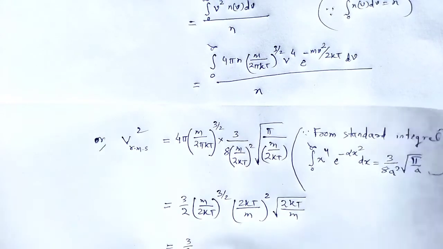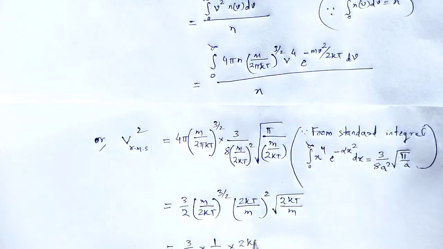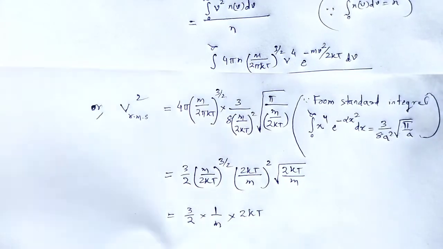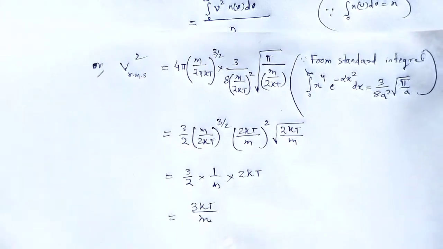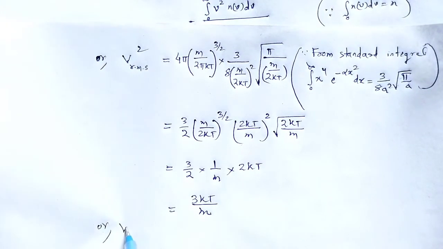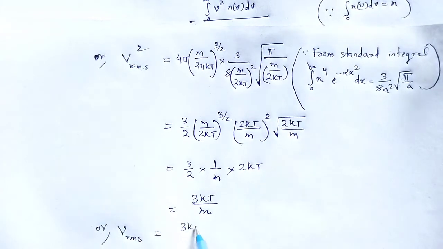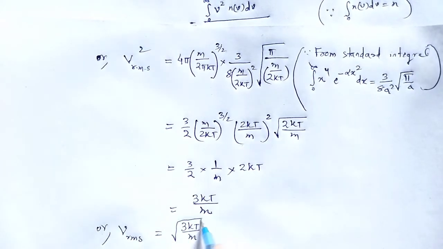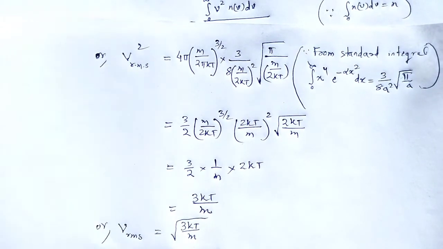It will be 3 by 2 into 1 by m into 2 kT, that is 3 kT divided by m. So finally v RMS is equal to under root of 3 kT by m. This is the expression for root mean square velocity.